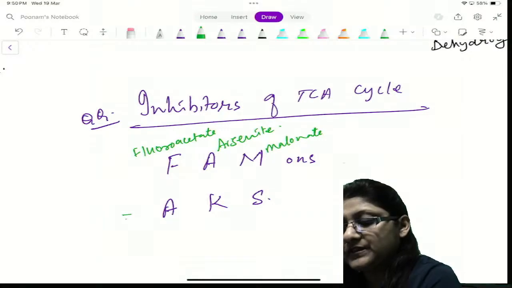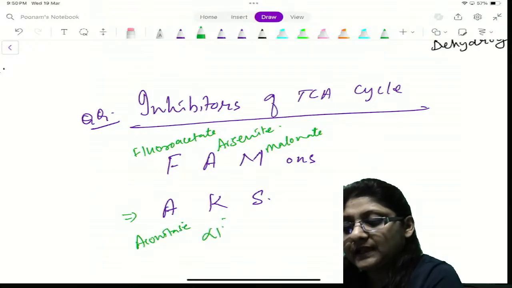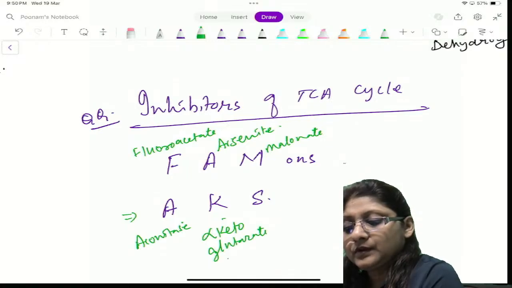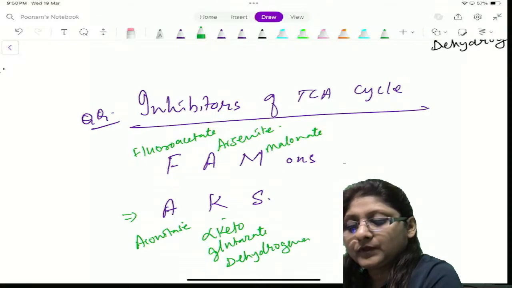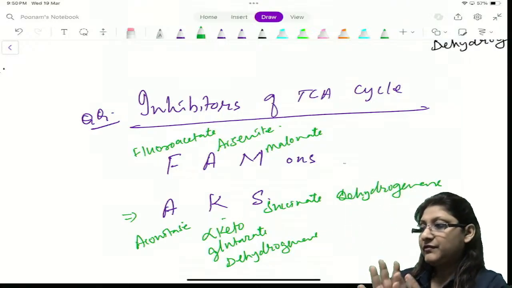And these are the names of enzymes, 1, 2, 3. This is aconitase. This is alpha ketoglutarate dehydrogenase. And this is going to be succinate dehydrogenase.